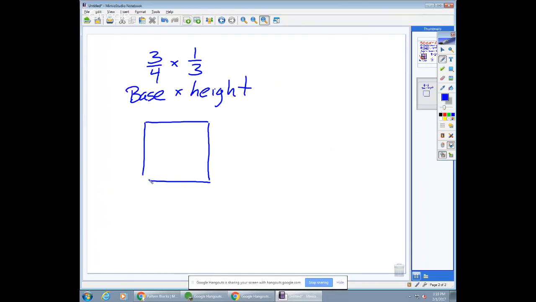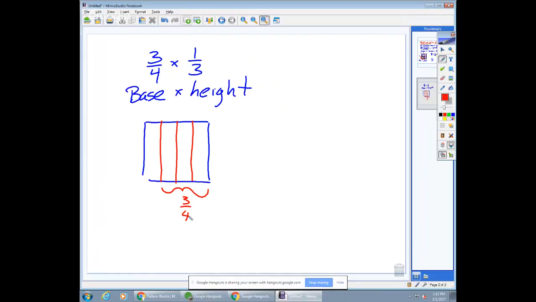My base has to be broken into thirds, or no, excuse me, fourths. And I need to consider 3 of those. And it doesn't matter which 3 I pick. It helps to pick them next to each other. So maybe this is my 3/4 over here.